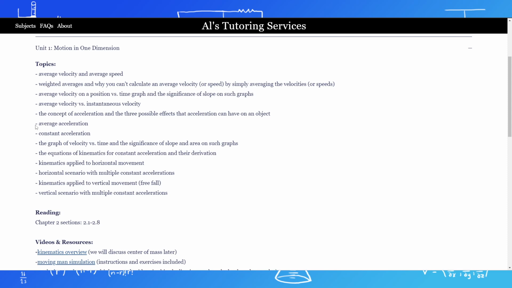We did discuss that. We wrote down the equation for average acceleration, and we didn't do much of anything else with it. I think I want to wrap up with that, actually, so that next time we can just go directly into the equations of kinematics. Yeah, let's do that, and then we can call it a day for this week.